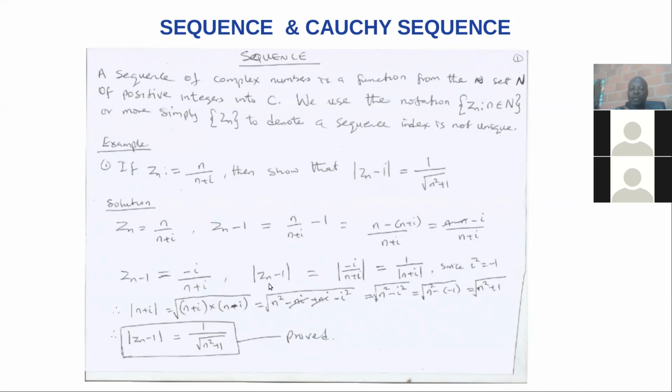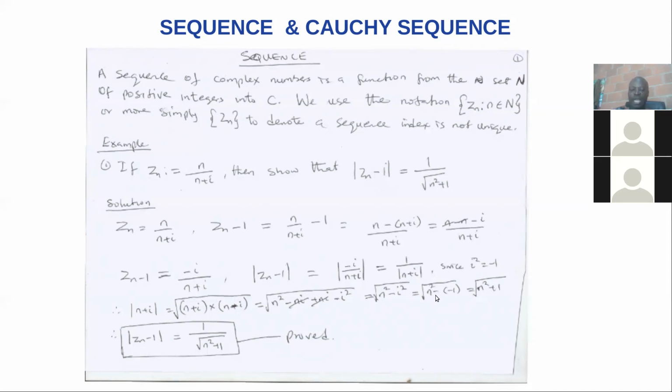Now, if you take the modulus of this, it will be positive. So we now have 1 over the modulus of n plus i. Since i squared is equal to minus 1, in this place we have dealt with this to have this expression.